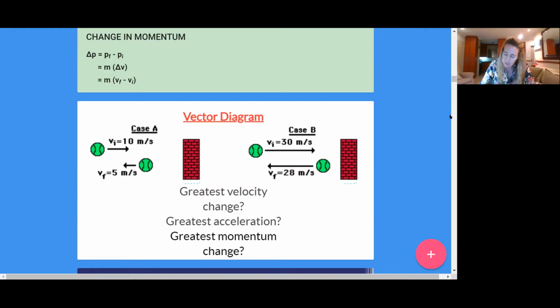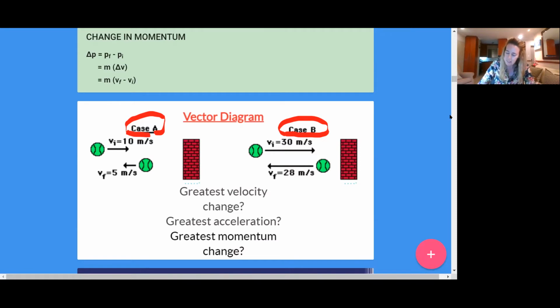So we've got two cases where a tennis ball approaches a wall and then rebounds off of it. In the first case, it approaches the wall with a velocity of 10 meters per second and rebounds with a velocity of 5 meters per second. And in the second case B, you have an initial velocity approaching the wall with a velocity of 30 meters per second and rebounding off the wall with a velocity of 28 meters per second.